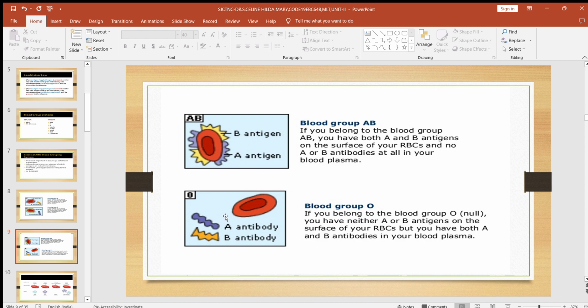But the opposite is present in the O blood group. In the O blood group, neither A antigen nor B antigen is present on the surface of the RBC, but they have both the antibody A as well as the antibody B.